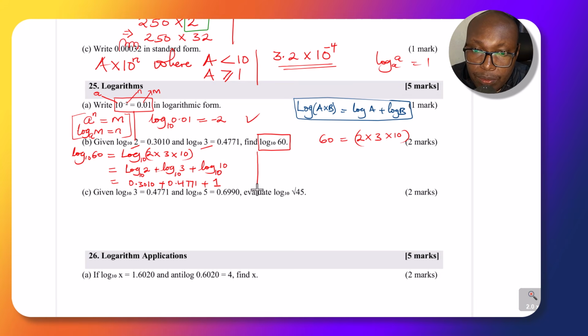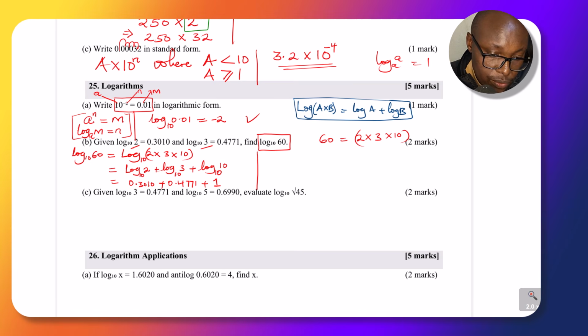Now with this, you can add. So just add everything: 0.3010 plus 0.4771 plus 1.